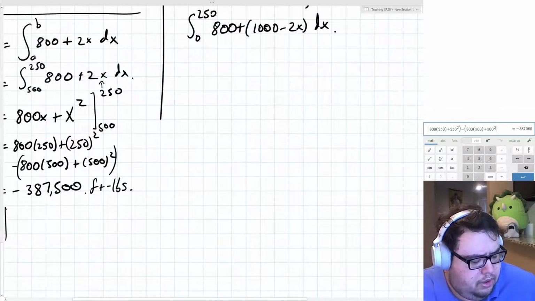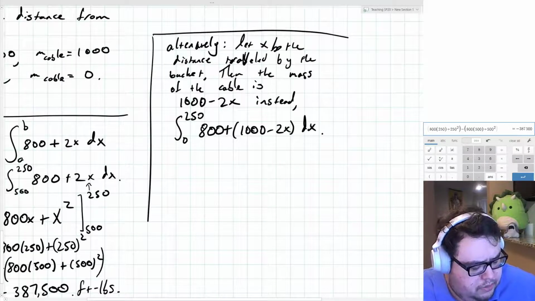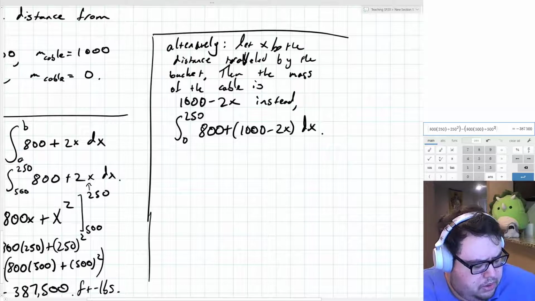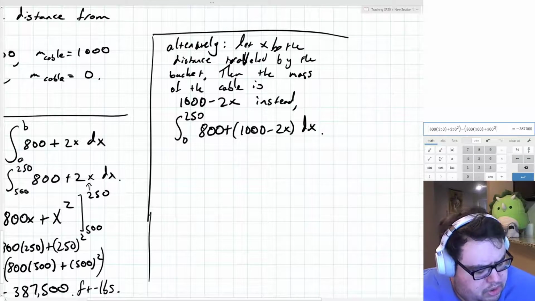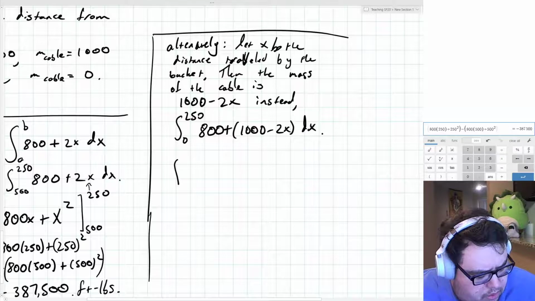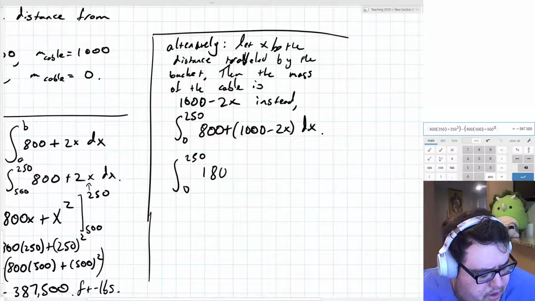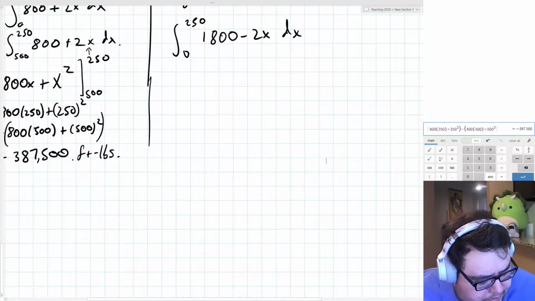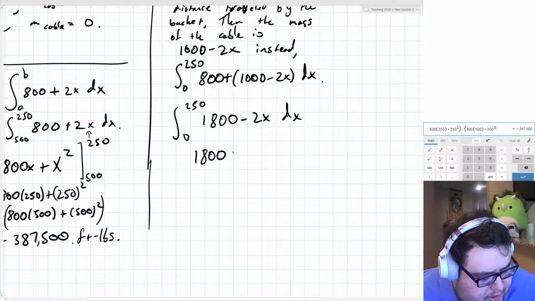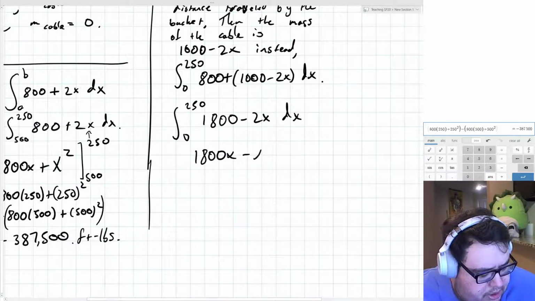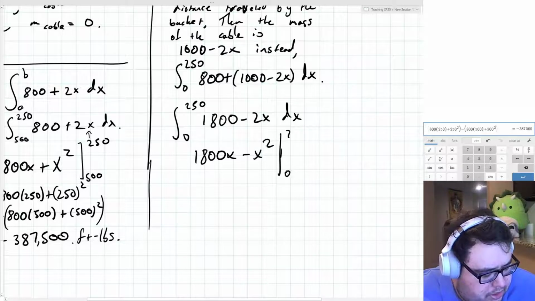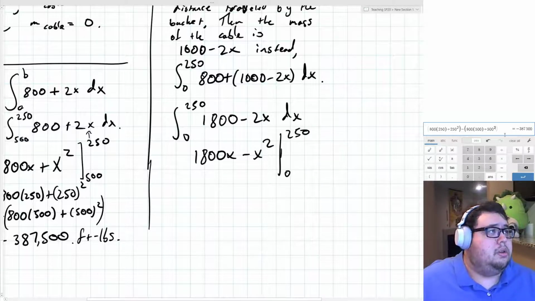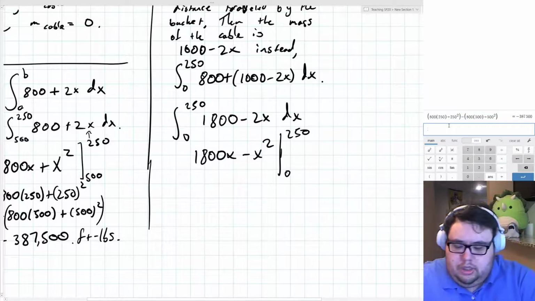Let's check the other integral and see what result this one gives us. I think this one should give us the same result. This one here will be the integral from 0 to 250 of 1800 minus 2x dx. So that'll be 1800x minus x squared evaluated between 0 and 250.